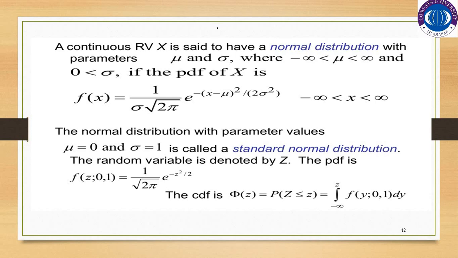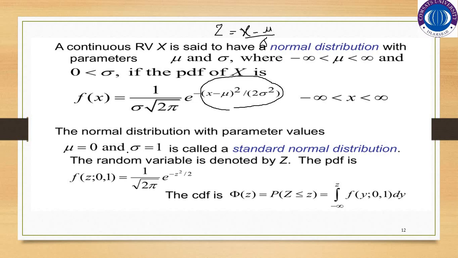Here z is equal to x minus mu over sigma. So x minus mu whole square over 2 sigma square becomes z square over 2, with 1 over under root 2 pi, and sigma equal to 1 as this is the standard normal distribution.